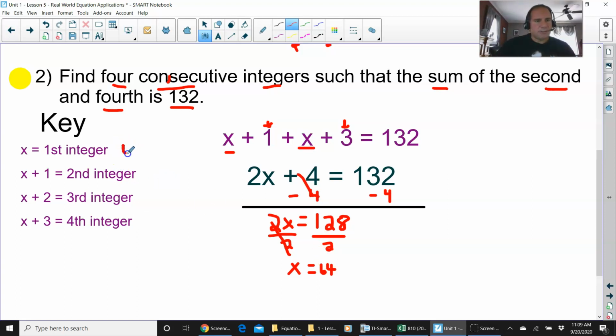So I'm going to put 64 right here next to the first integer, and they're asking for not the largest, not the smallest, they're asking for all of them. 64 plus 1 is 65. 64 plus 2 is 66.